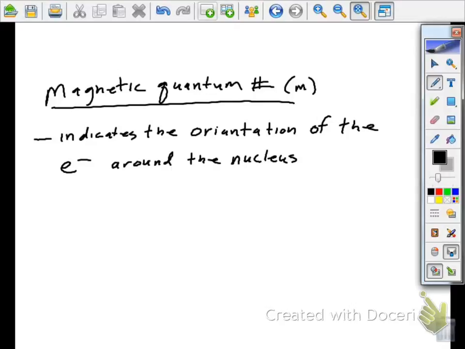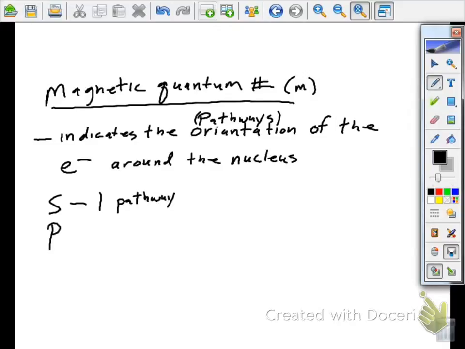Right. So the different orientation could be a pathway. So we can say pathways as well. Maybe that will help understand. So the S has one orientation or one pathway possible. That's it.